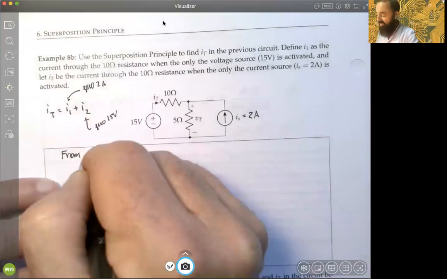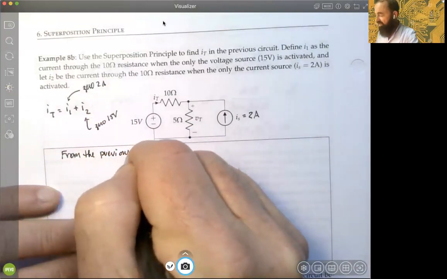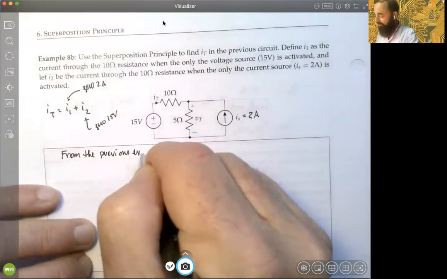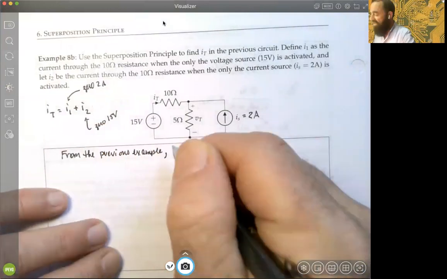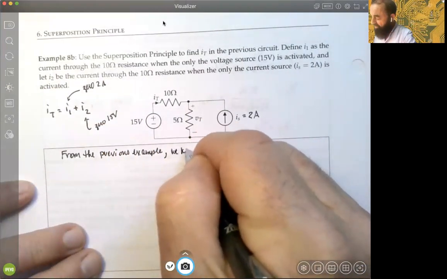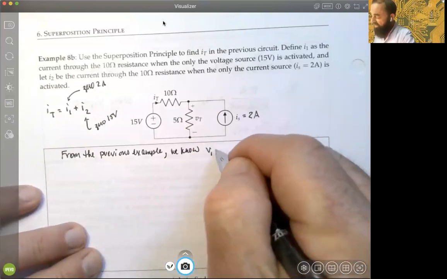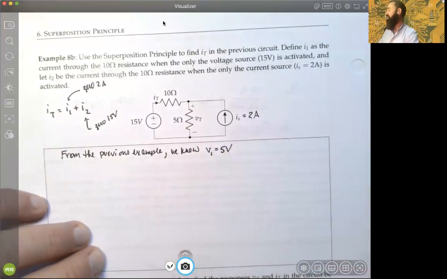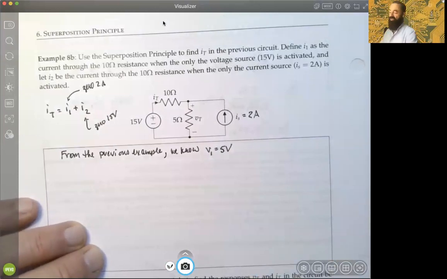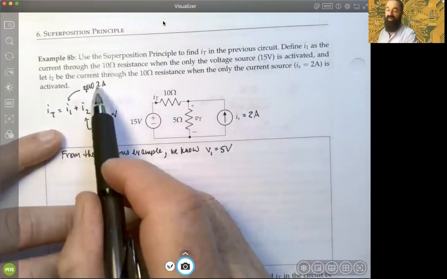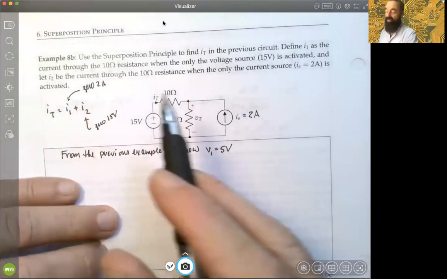So we'll say from the previous example, that's why it's called 8B as opposed to 8A, we know that the response V1 was 5 volts. Again, that was the response that we got when we zeroed out the 2 amp source, okay? So it's matching with our indexing here. Subscript 1 means, did you zero the 2 amp?